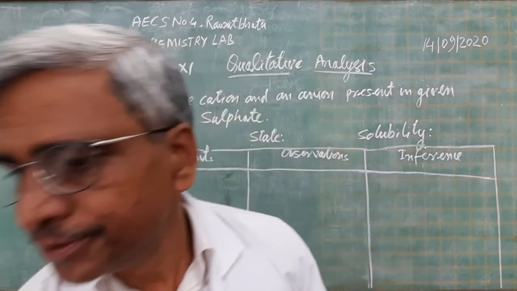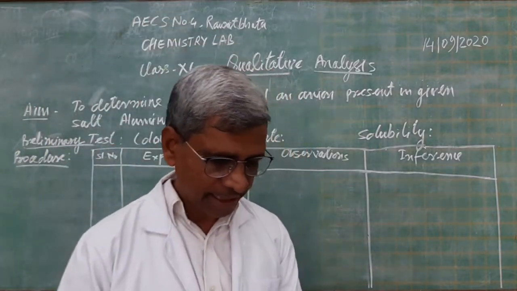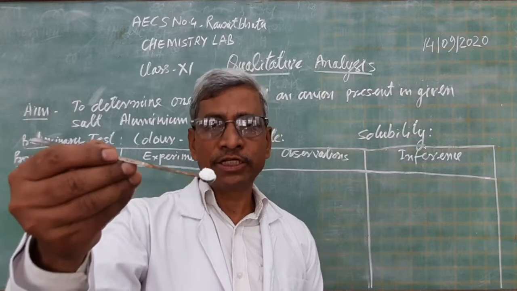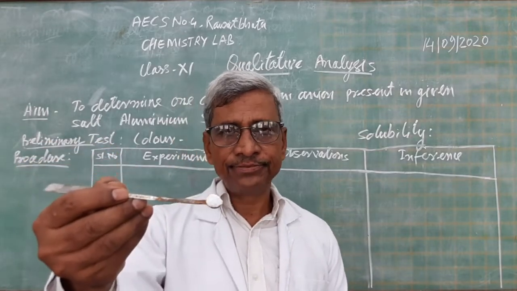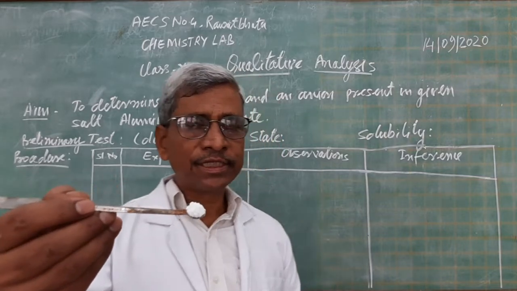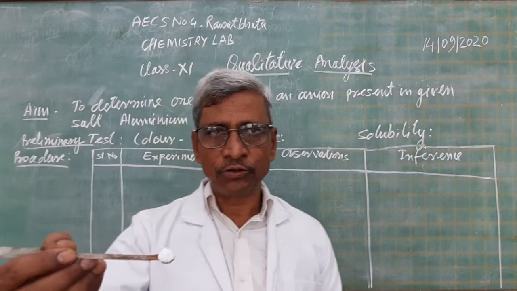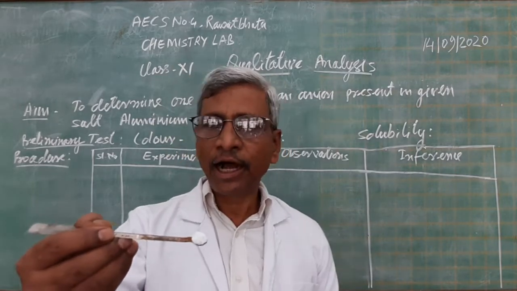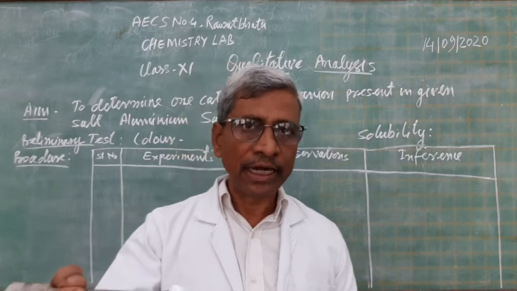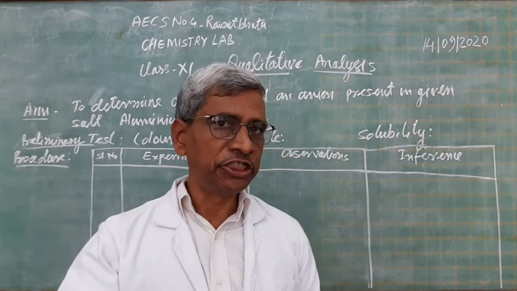Here is the salt. This salt is white. When we touch it, it is a crystalline solid. It is white because it is aluminium sulfate; aluminium makes no contribution towards the color. And it is crystalline because it is an ionic compound, and ionic compounds are almost always crystalline in nature.